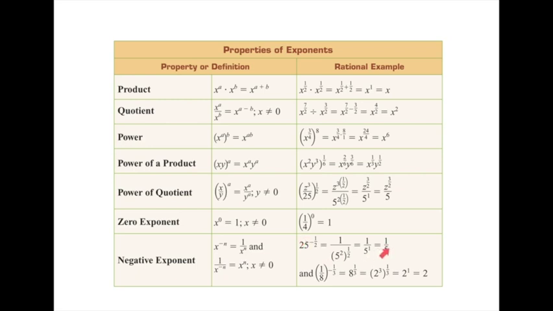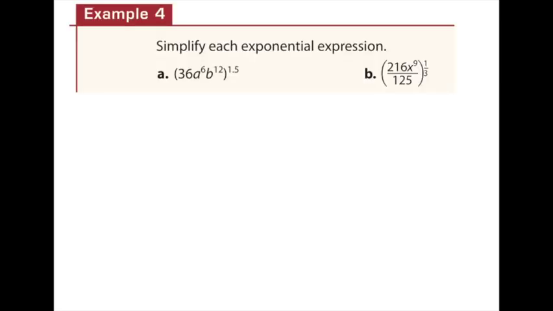And so that's how we get our 1/5. So all of the same properties that we learned in an Algebra 1 class apply even if the exponents are fractions. So I will say it's easier for me to rewrite these as fractions. So if I were to look at this, I would have 36 a to the 6th, b to the 12th, and I would take all of that. How do you write 1.5 as a fraction?